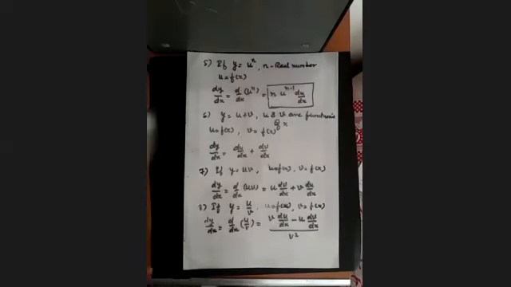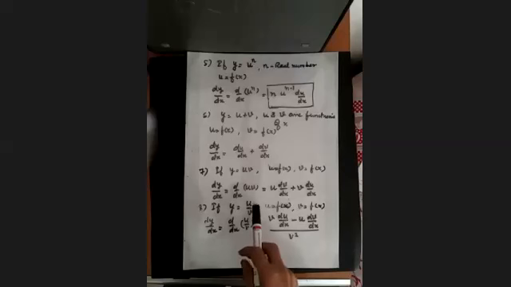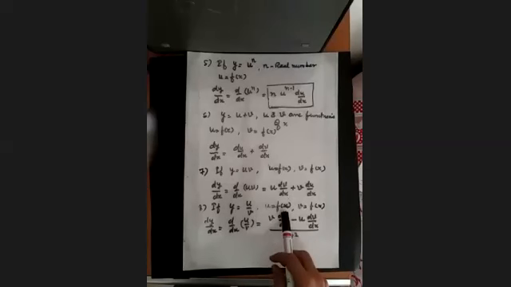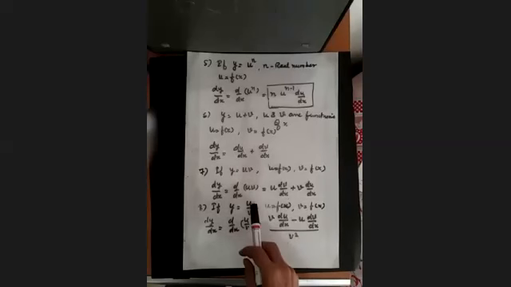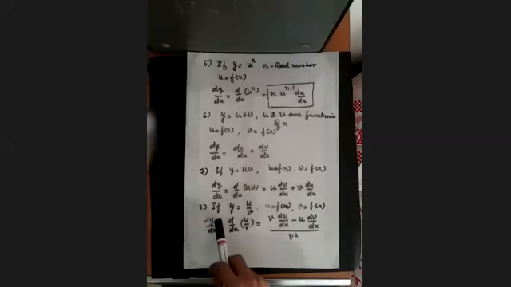So once again go through this. If y is u divided by v, where u as well as v both are functions of x, they both depend upon x, but y depends upon u and v through this relation, then dy by dx, that is differentiation of y with respect to x, is equal to differentiation of u divided by v.